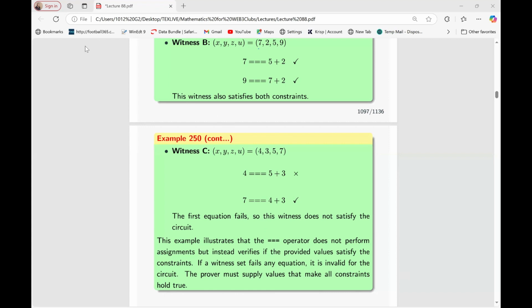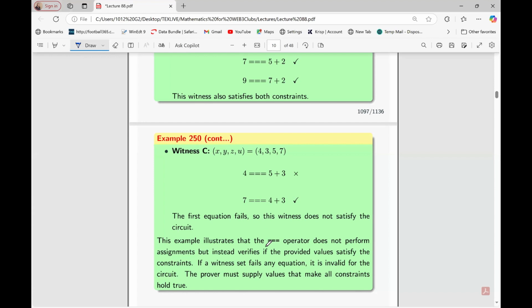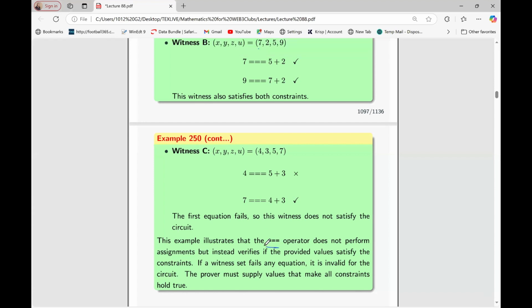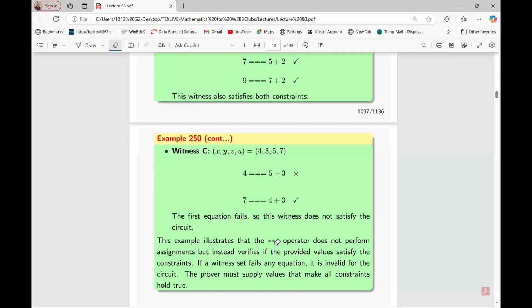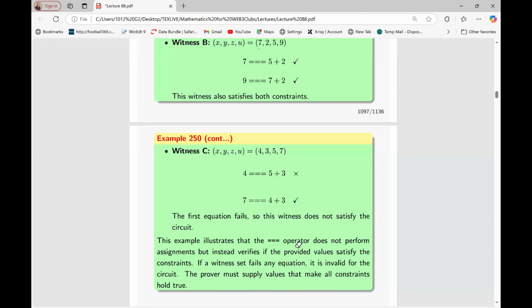Now, again, our example above, we've just shown that when you are writing Rust, this operator will be used for equality. That's what we'll be using. And of course, we've seen the other way of writing same equations using the assert equal.